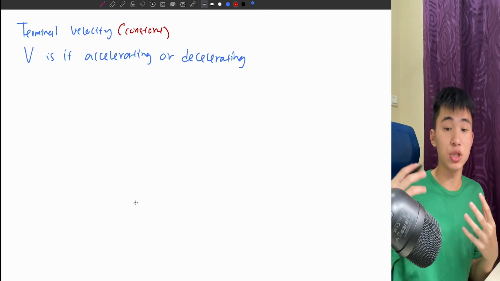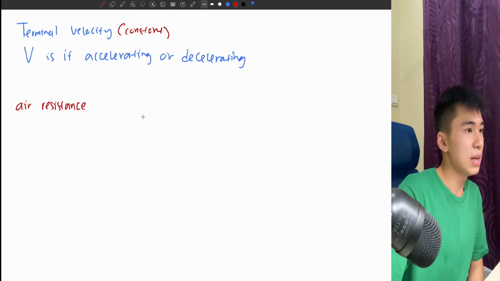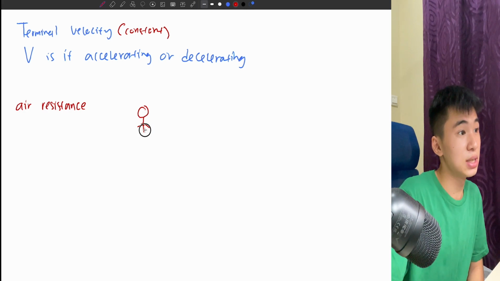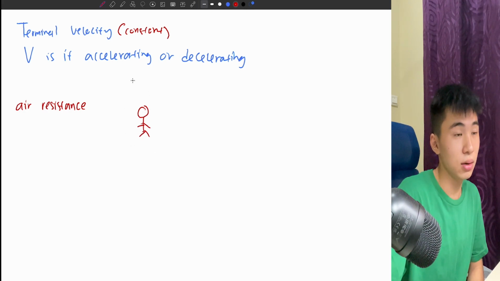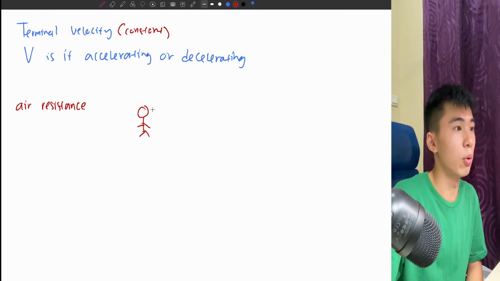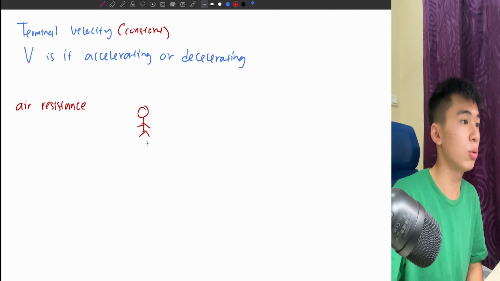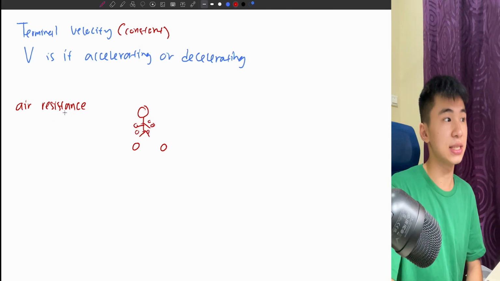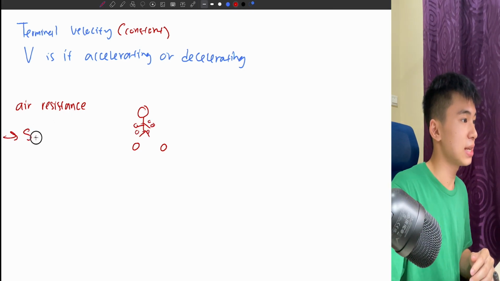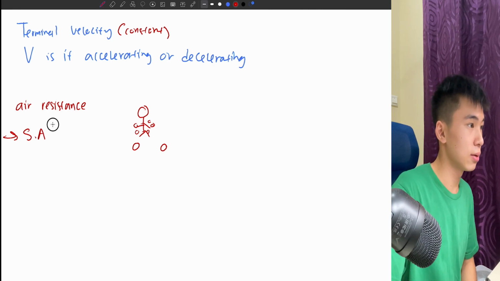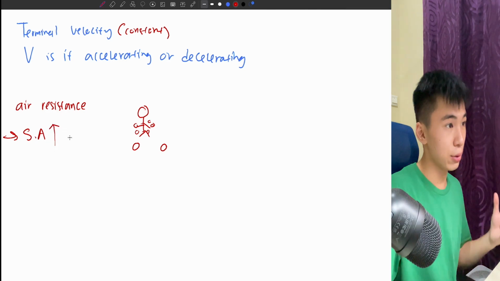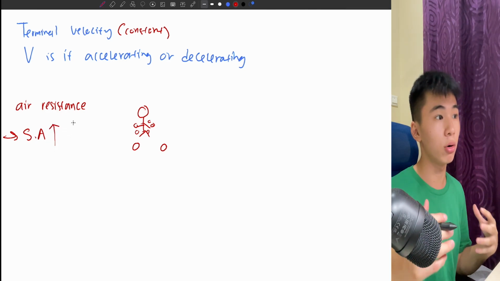And next, I want to talk about air resistance. Let's say a person is falling from the sky, a free fall, and the body of the person keeps colliding with the air molecules right here, so we will have air resistance. If the person has a great surface area, it will collide with more air molecules.